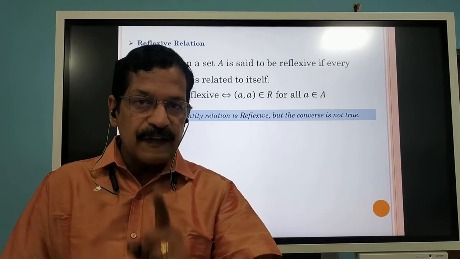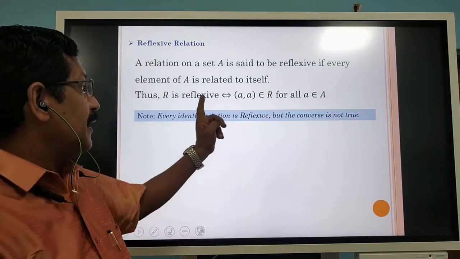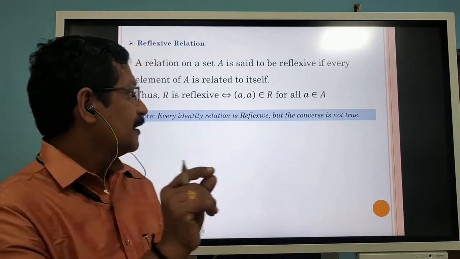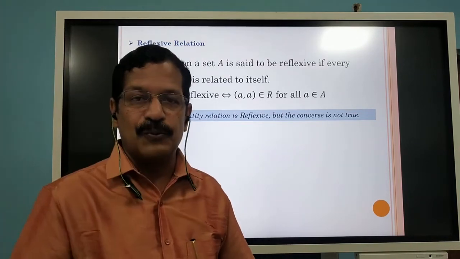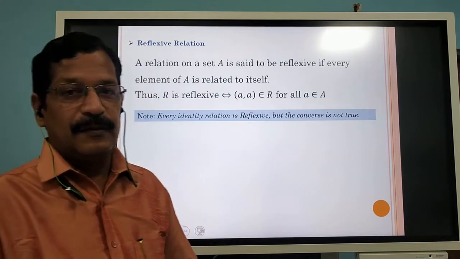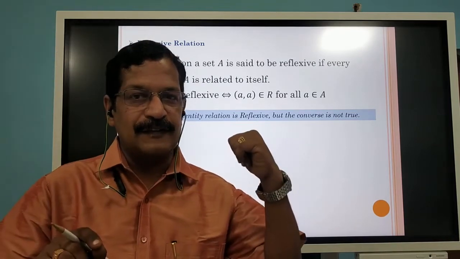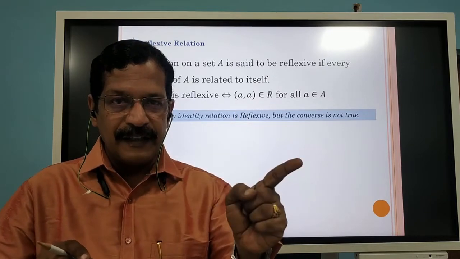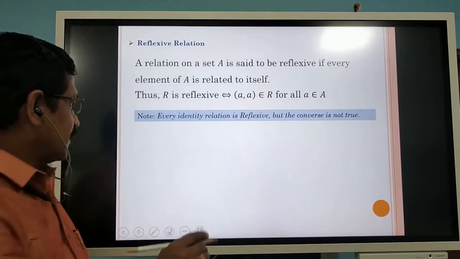Dear children, please note that every identity relation is reflexive, but the converse is not true. We have seen the previous case. R1 is an identity relation. I shall repeat it once again.